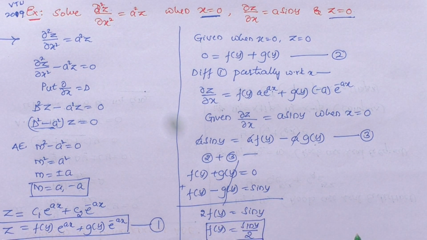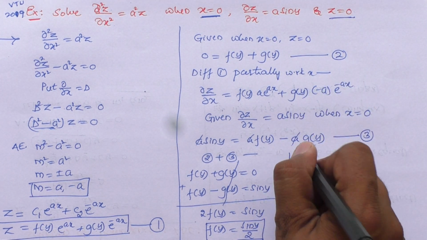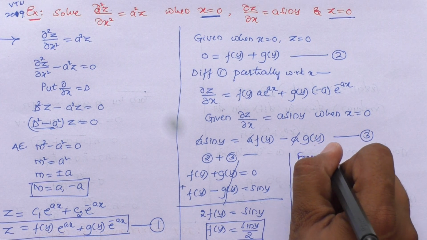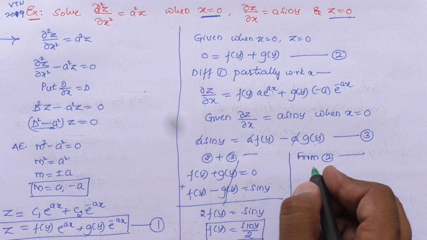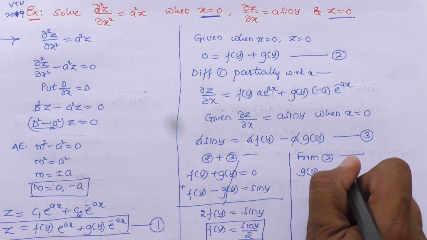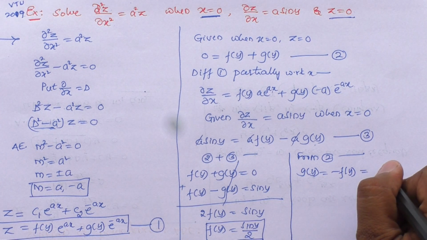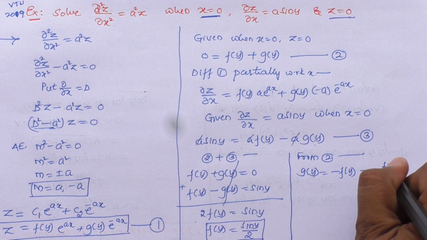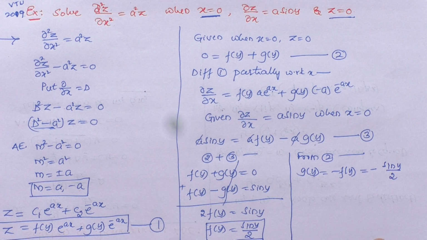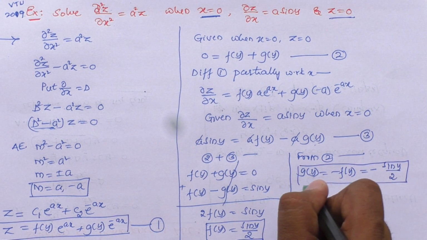Now once you get this, you substitute in 2. From equation 2, g of y is minus f of y, so minus of f of y is minus sin y by 2. That is g of y. Once you get f of y and g of y, you substitute in 1.